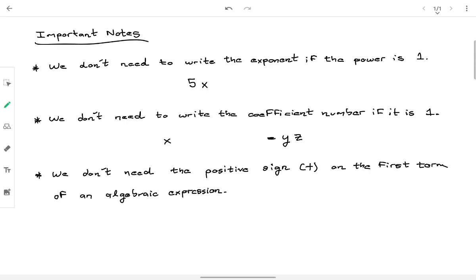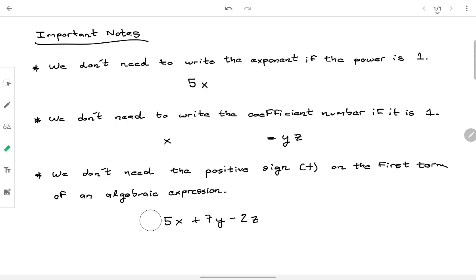And the last note is that we don't need a positive sign if it is the first term of an algebraic expression. That means if I have something like 5x plus 7y minus 2 minus 2z, in this case we don't need to specify that the first term is positive.